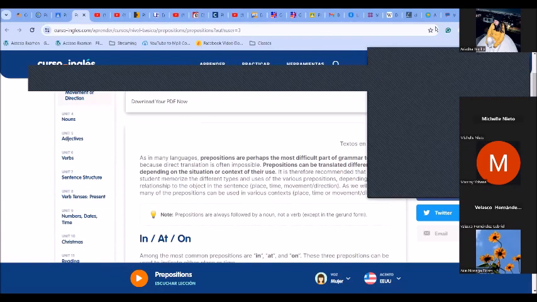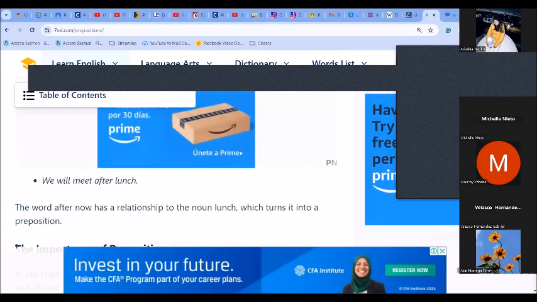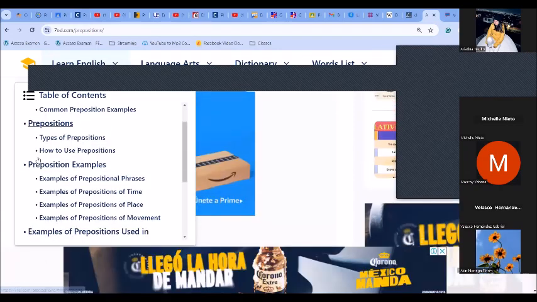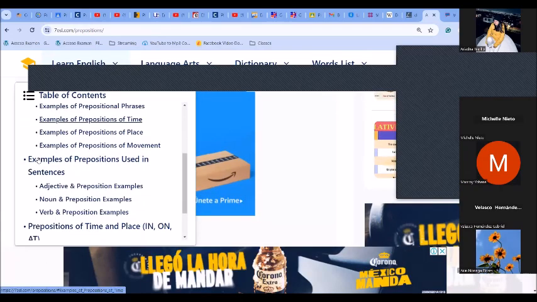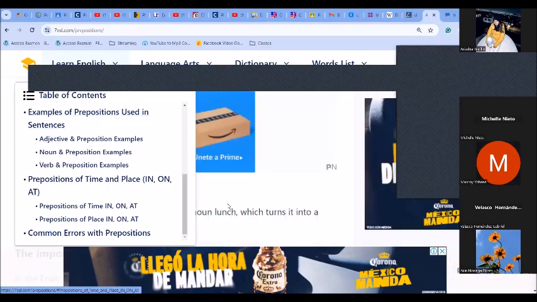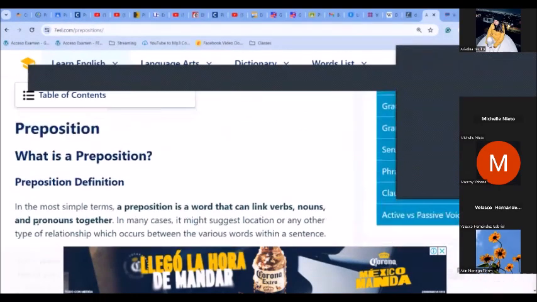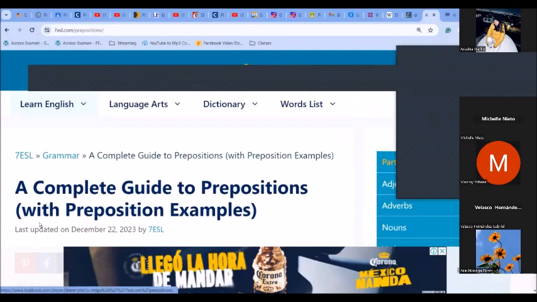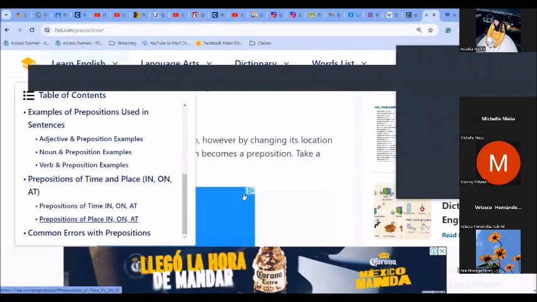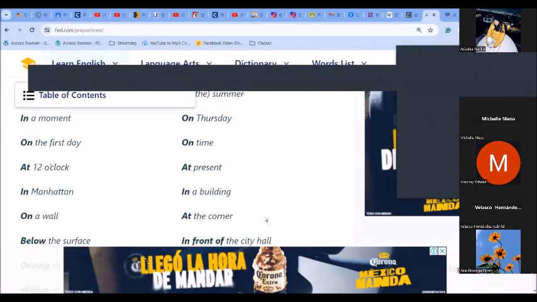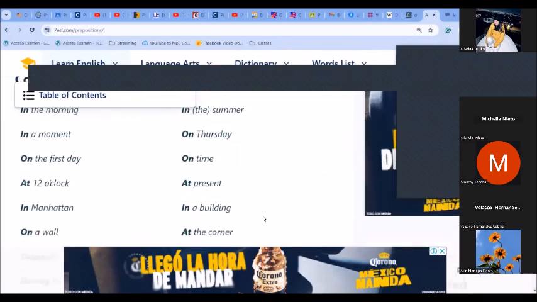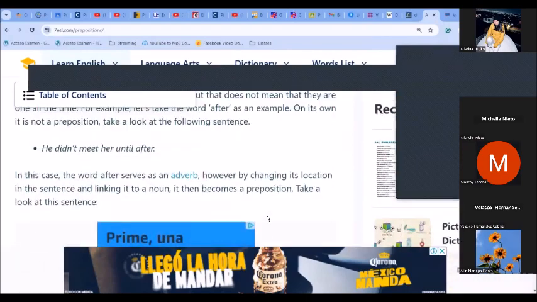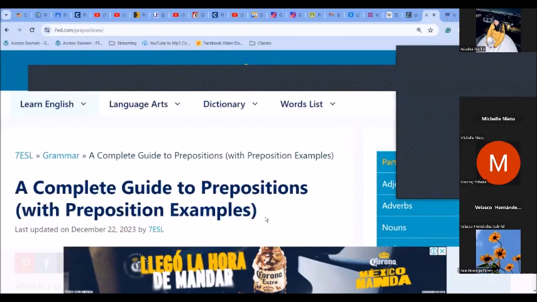And one of the links I'm going to share with you gives you a complete guide to all the different types of prepositions. There are lots of them, and there are lots of uses for them. And of course, the common errors that everyone has when they try using them. Right? So I'll share this one. It's pretty long, and there are some videos involved that will help you to break it down. All right?